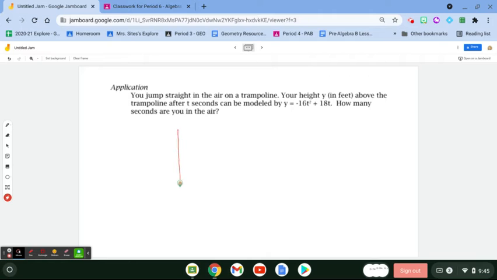Here you are at ground level, and what's happening is you're jumping up and down on the trampoline, and it's modeled by this polynomial right here. So when you're at ground level, ground level is y equals 0.